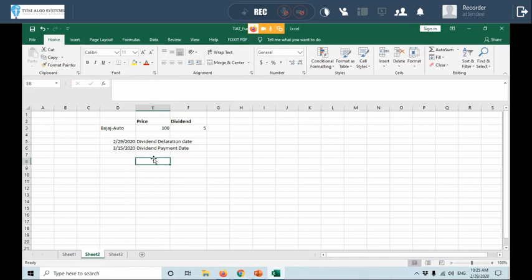Why? Because the investors want to eat this dividend for just 15 days. If they invest in this stock for 15 days and when the company takes the list of shareholders, their name is in that list, they will get this dividend of 5 rupees. So right now if I invest 100 rupees in Bajaj Auto, by 15th of March I will get this 5 rupees.